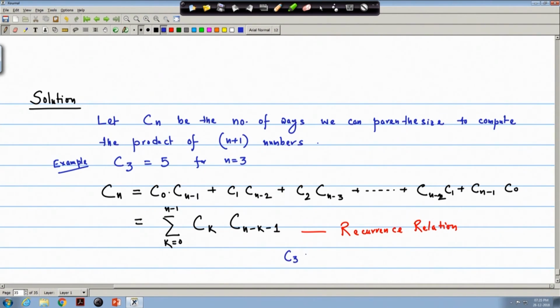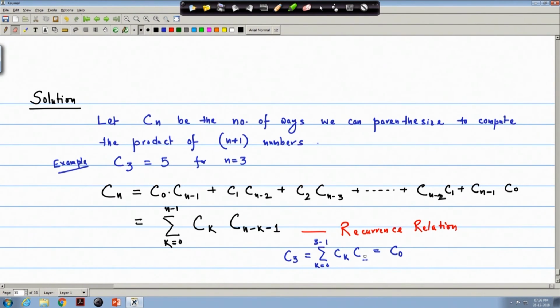My C3 is the sum for k equal to 0 to 3 minus 1 of Ck times C of n minus k minus 1.